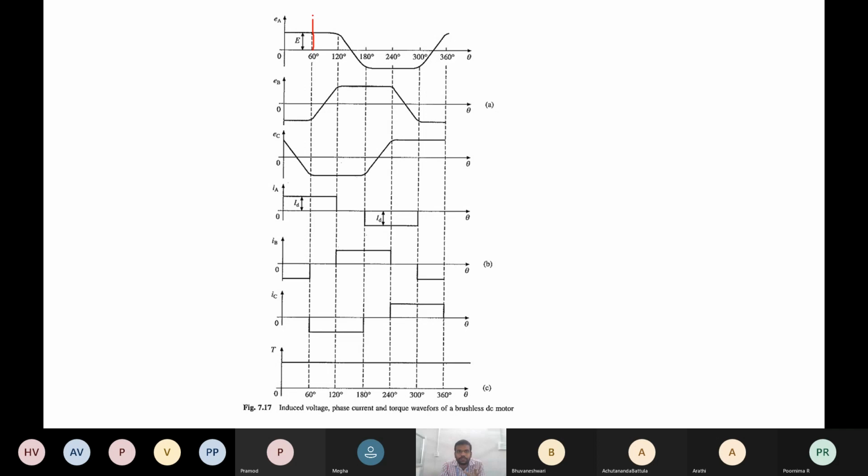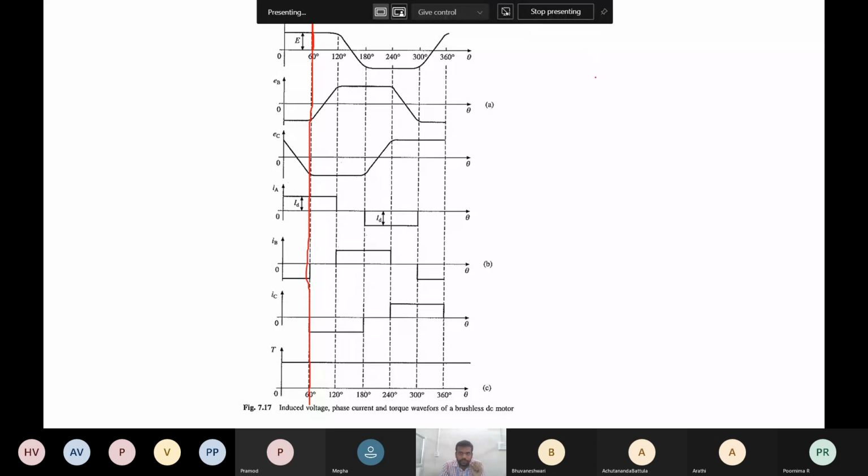We can consider this the first set, the first 60 degree interval. What happens here? The voltage is flowing through phase A, and similarly the current is flowing here.